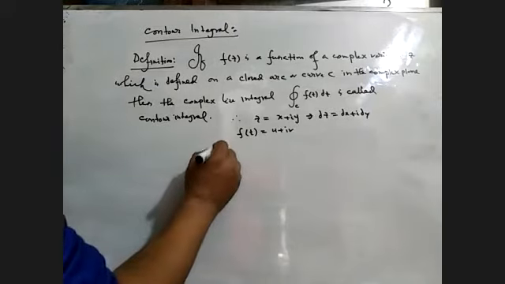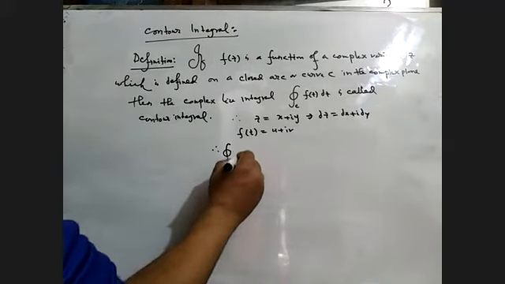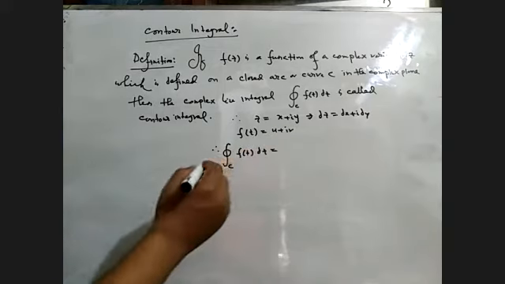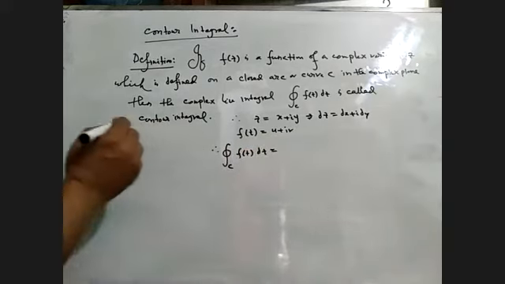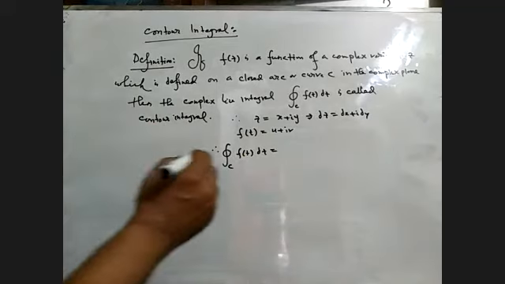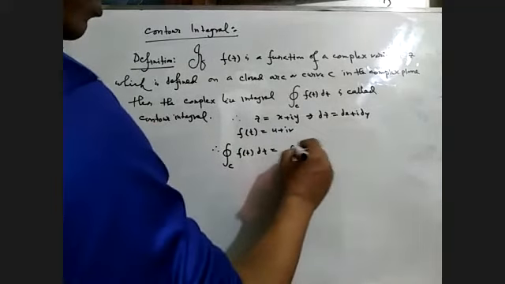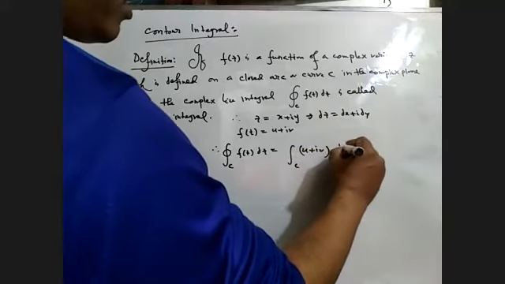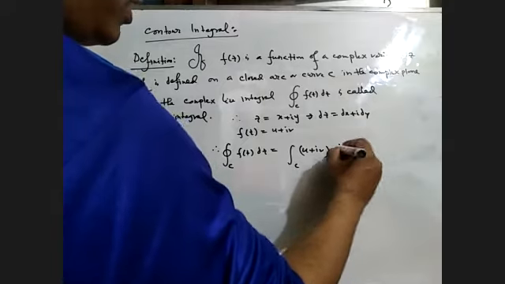In that case, the contour integral of f of z can be written as the integral of (u plus iv) times (dx plus i dy).